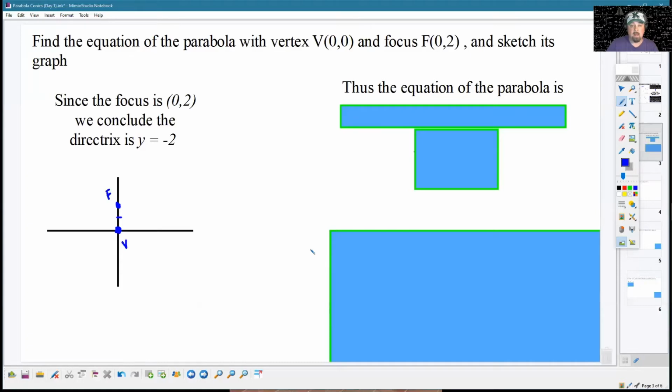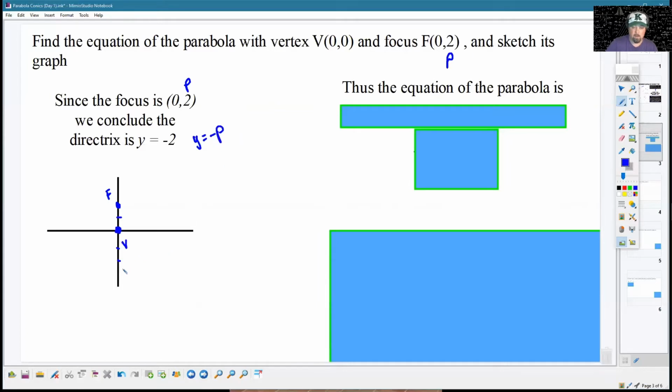Now, how does that help me? And I see I have it up here. Since the focus is at 0, 2, we can conclude that the directrix is at y equals negative 2. Why? Well, because the focus tells me what the value of p is. Since p is 2, that means negative p is negative 2, and the directrix is y equals negative p.